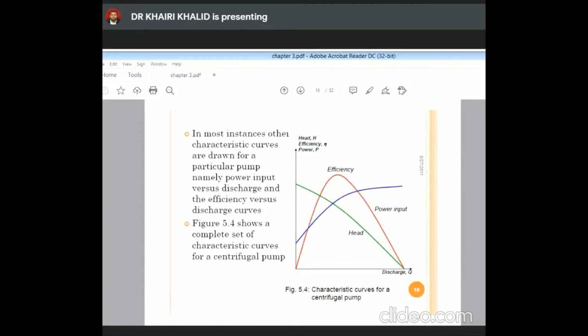We have three different graphs, which we can combine as a single graph. We have head over discharge. This is the typical value, even though there is a formula for this.